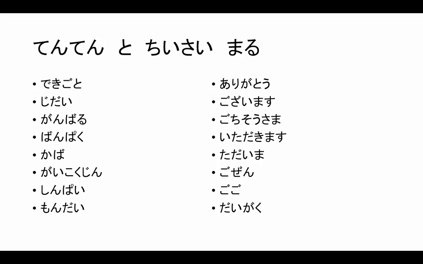It doesn't work between, like, he is handsome and smart. It doesn't work with adjectives. It doesn't work with verbs. He wants to eat and drink. No, it doesn't work there. What would you use there? And? Other things that we'll learn much later. Conjugations that allow you to connect things. Okay, so tenten to chisai maru. Let's read these.